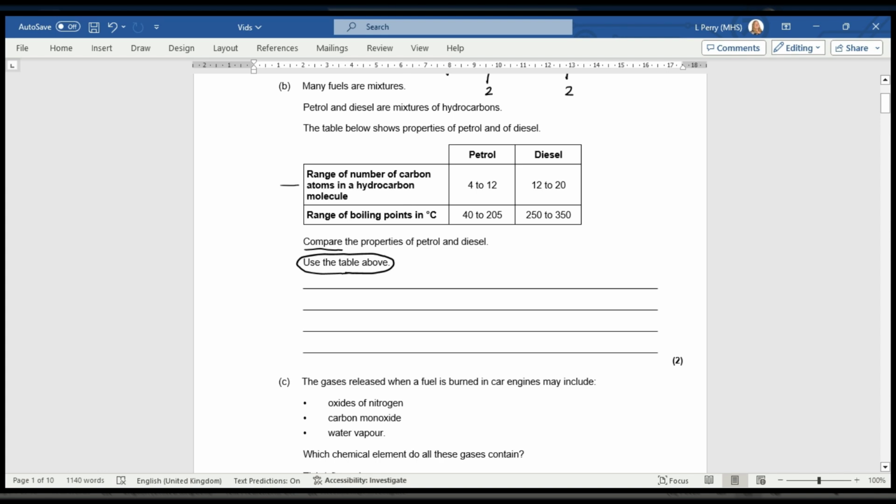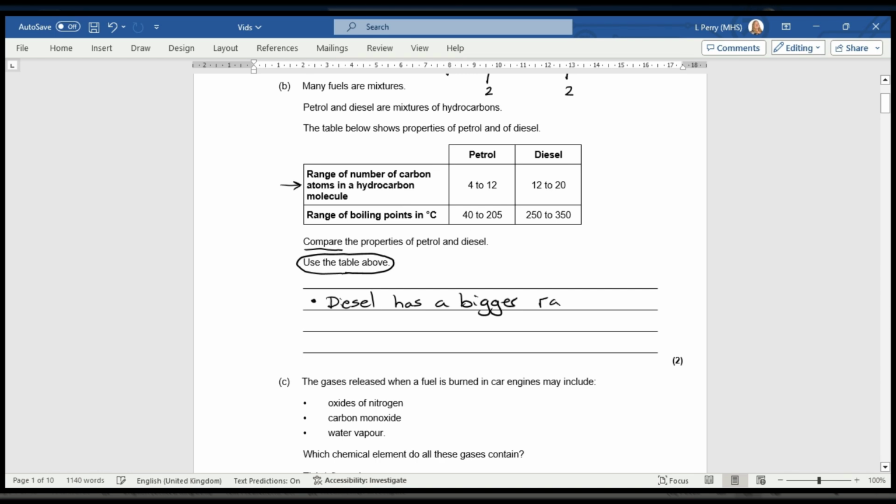Now, even I think that is a horrible sentence. Don't fully follow it, but it doesn't matter. All I have to do to get the mark, diesel has a bigger, and then I just copy what they've said, whether I understand it or not.